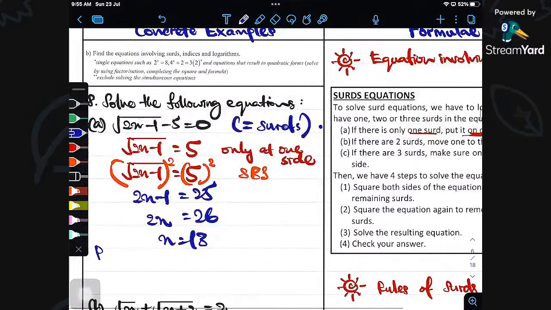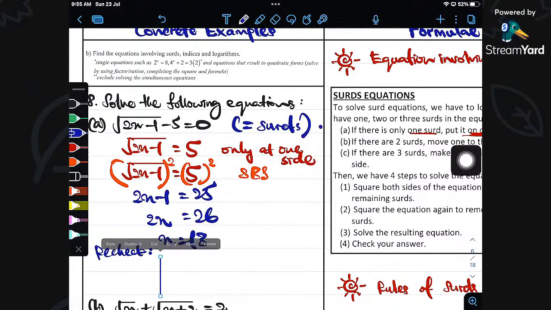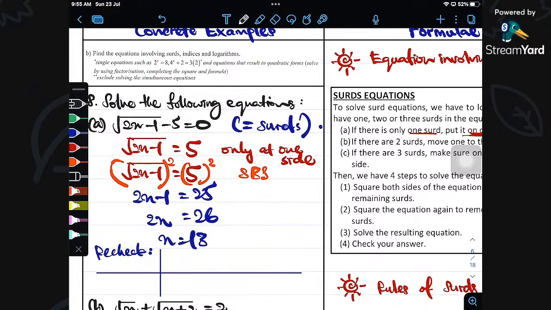Tetapi kita perlu buat recheck. Surd sentiasa perlukan recheck. Recheck bermaksud kita perlu check sama ada left hand side is equals to the right hand side. That is our job. You know, kita perlu check lah, double check. Cara nak check adalah kita kena rujukkan soalan asal. Soalan asal dia kata this is left hand side, right? Left hand side adalah square root 2 times 13 minus 1 minus 5.